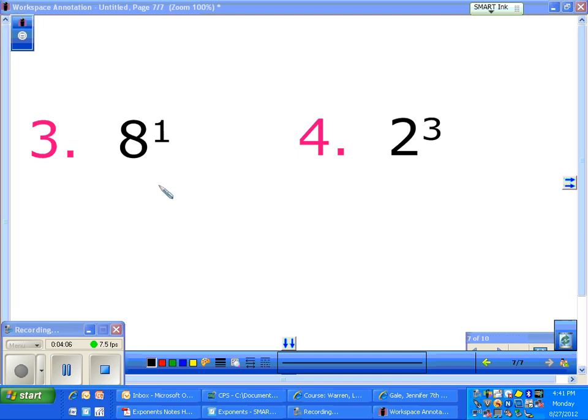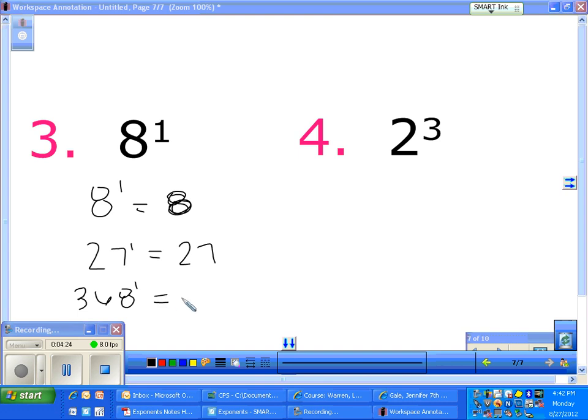And it says that you're going to have it 1 time. So 8 to the 1st power is just 8. Whenever you see 1, the base number is going to be your answer. So you have 8 to the 1st power is 8. 27 to the 1st power is 27. 368 to the 1st power is 368. Anything to the 1st power is going to be the base number.